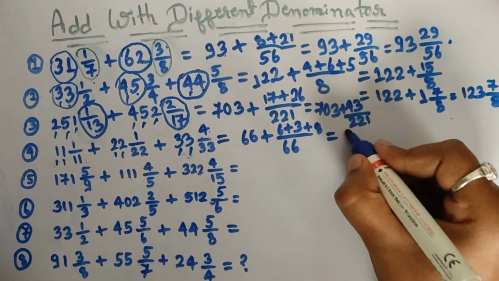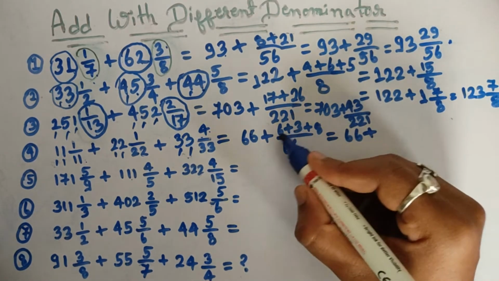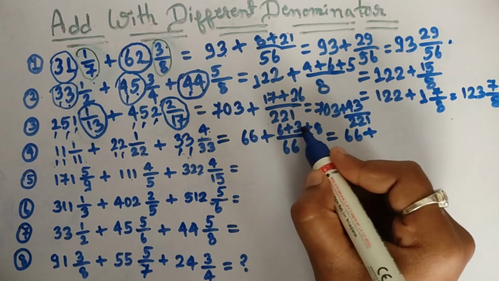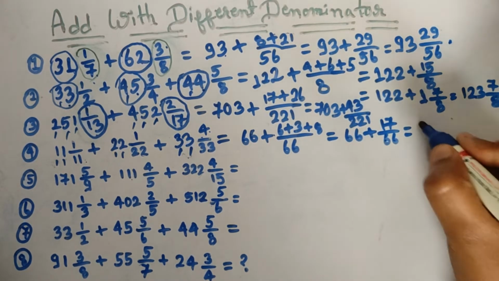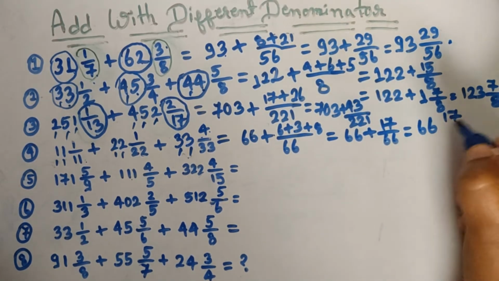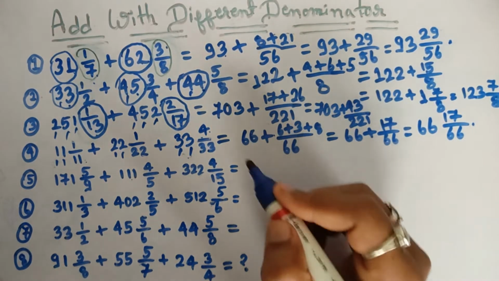So the final answer is 66 plus 6, 9, 3, 8, that is 17 by 66. You can write it as 66 and 17 by 66. Let's come to the next question.